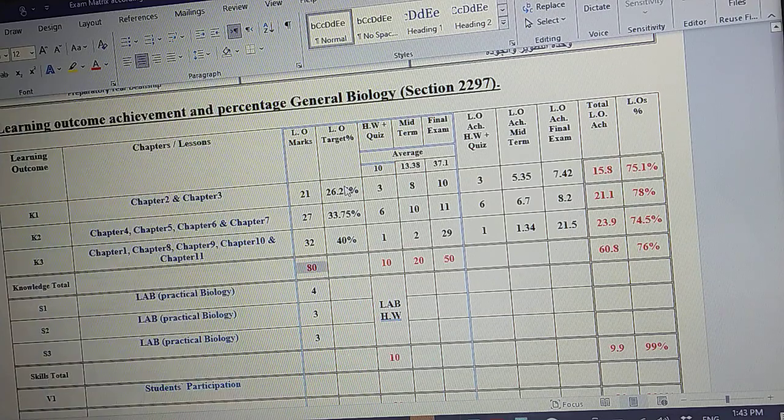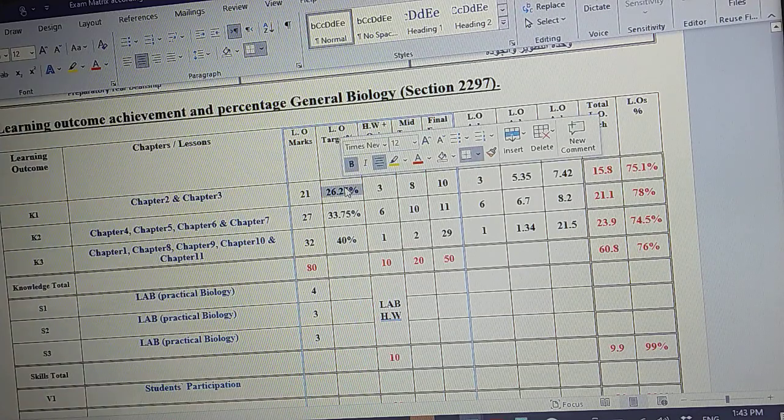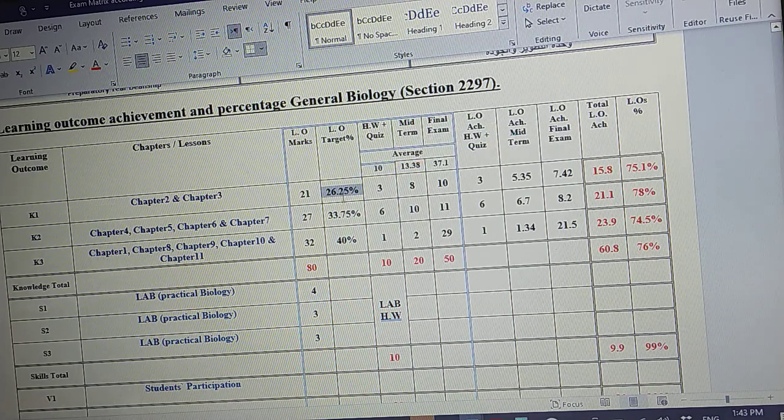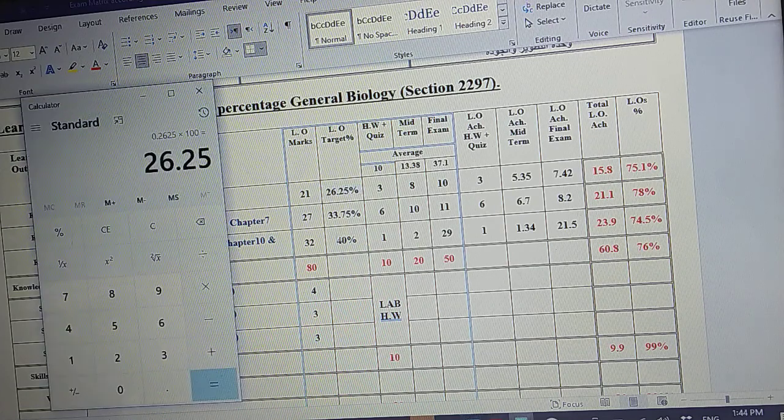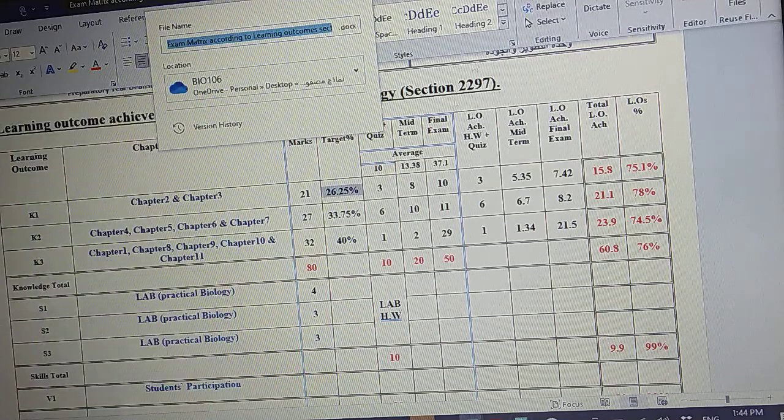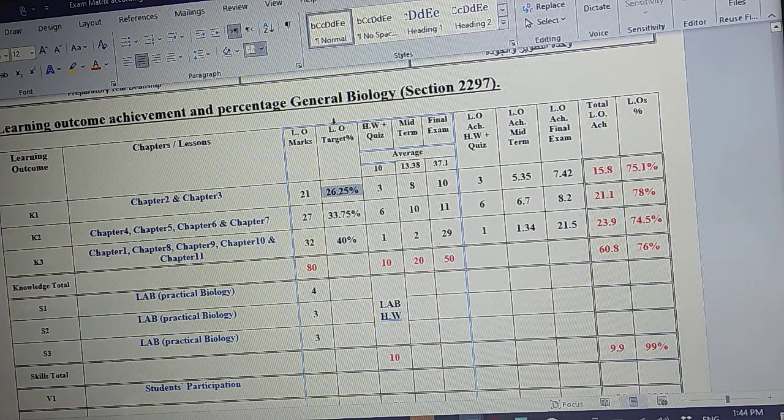So it will be the percentage of this learning outcome to the total marks of the course. So I have the learning outcome target percentage for K1, it will be 26.25%. Also for K2, 33.75%, and for K3 it is 40%.